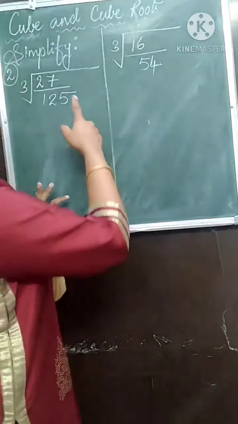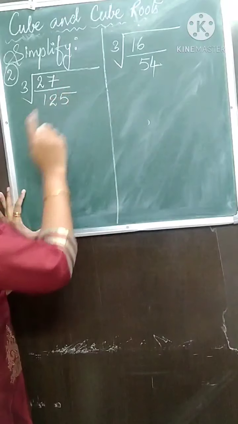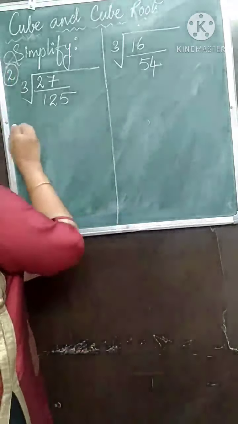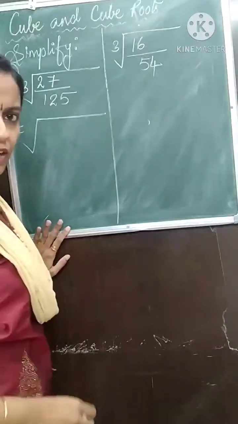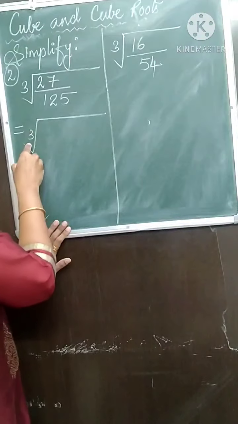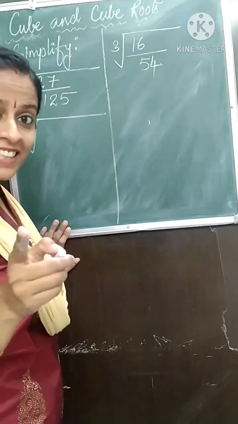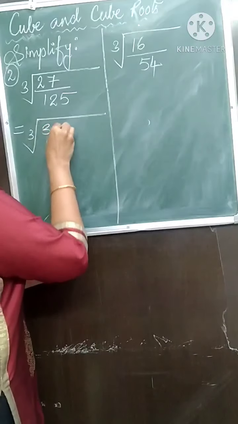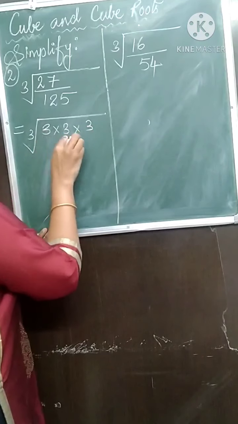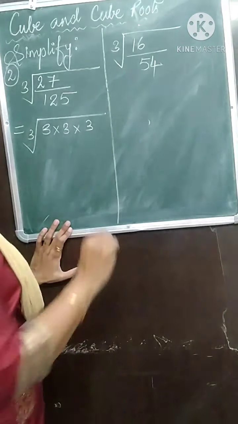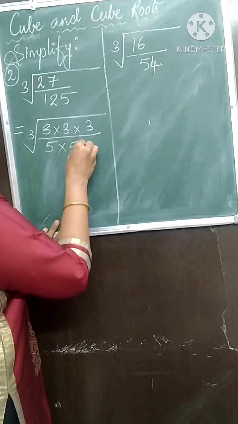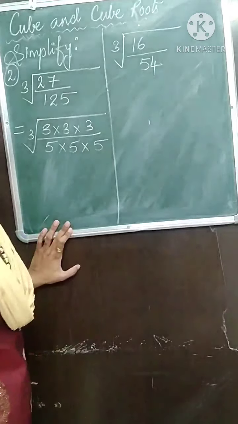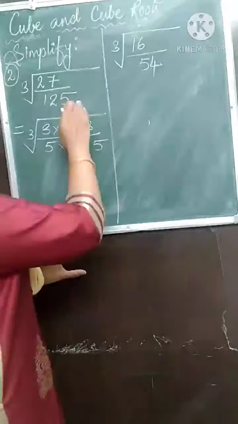Simplify the cube root of 27 upon 125. Nothing to worry, same way, but here you have a rational number. Numerator, denominator form. Put the cube root sign. 27 can be written as 3 into 3 into 3. 3 threes are 9, 9 threes are 27. 125 can be written as 5 into 5 into 5. 5 fives are 25, 25 fives are 125.